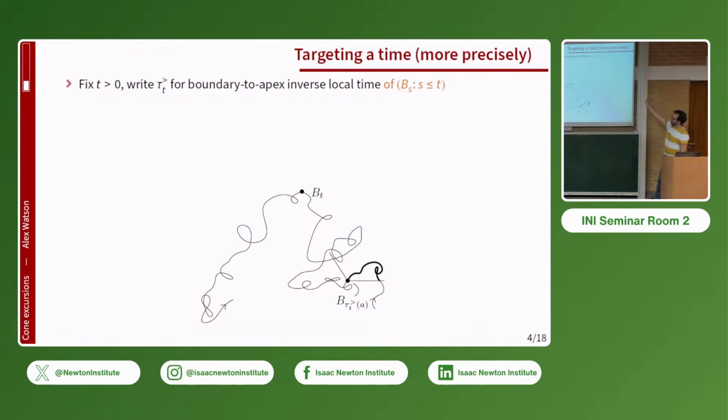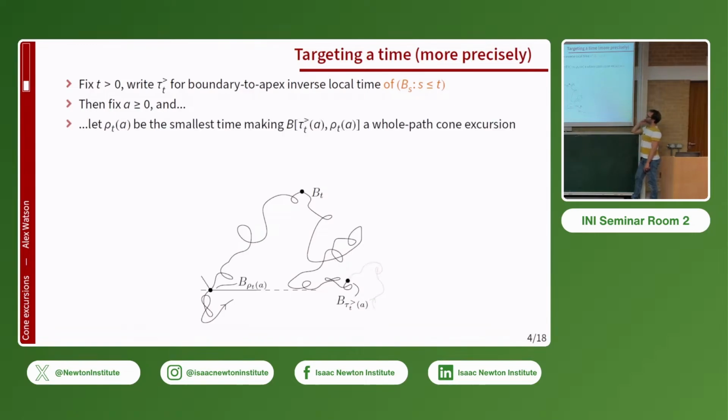Okay. So I take my inverse local time tau_t. I run it up to some, let's say, some level a, right? This point here, at the end of that excursion, is where I end up by doing that. I do the same thing, so I cut that out. I find, again, the smallest time that makes all the rest of this path into a whole path excursion. I cut out the stuff after that.